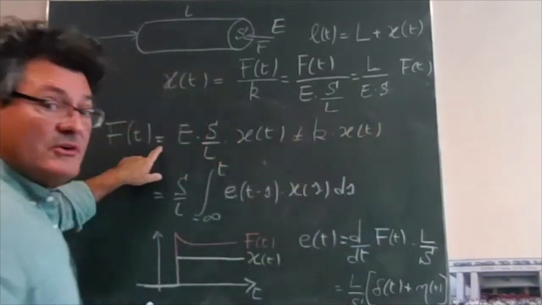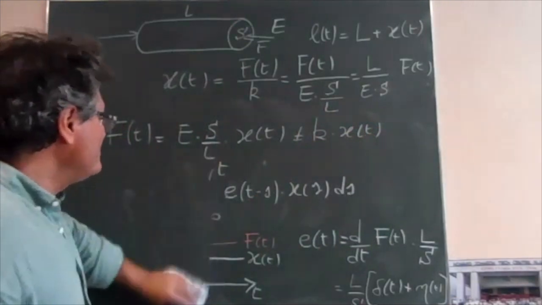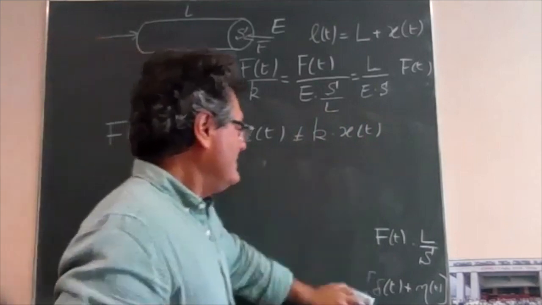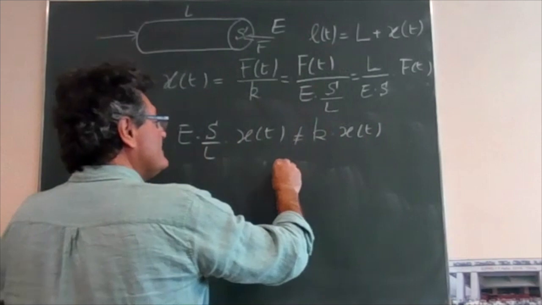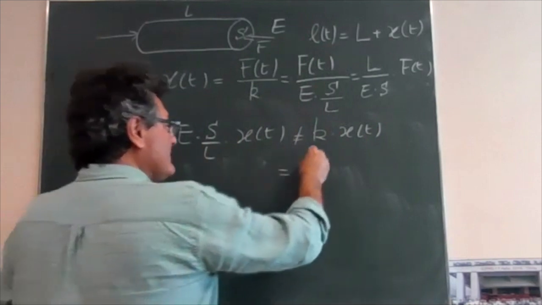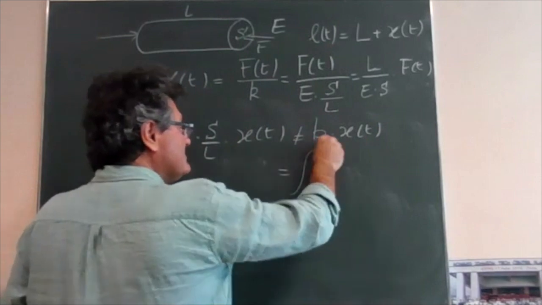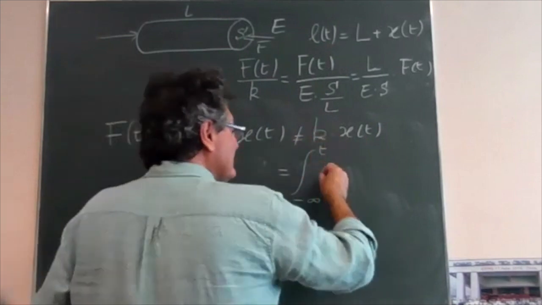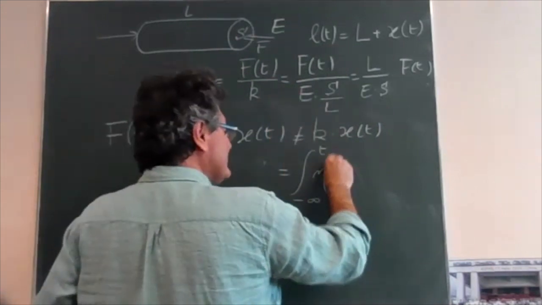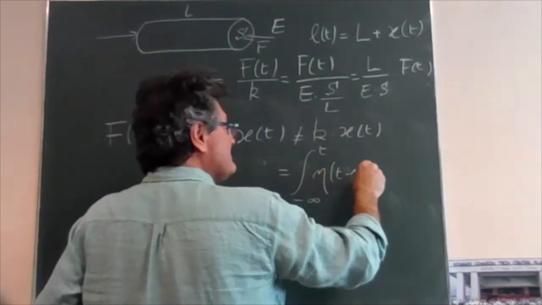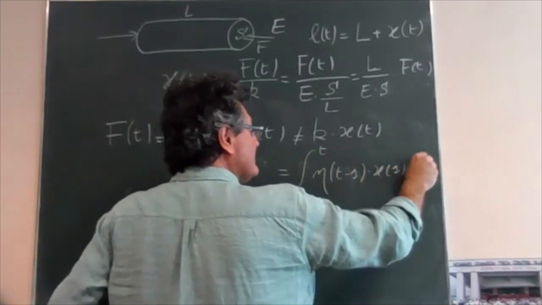This is no longer true, but in reality, we should write this as a convolution integral. So this is like an integral from minus infinity to time t of a function, I invent function eta, t minus s times x of s.